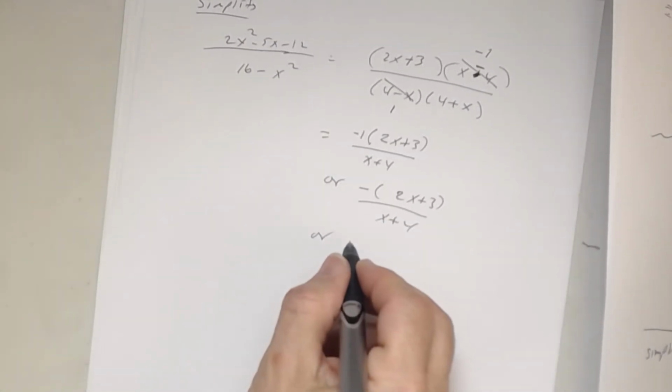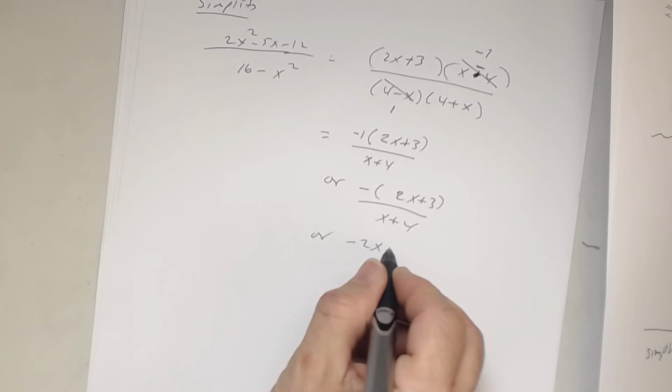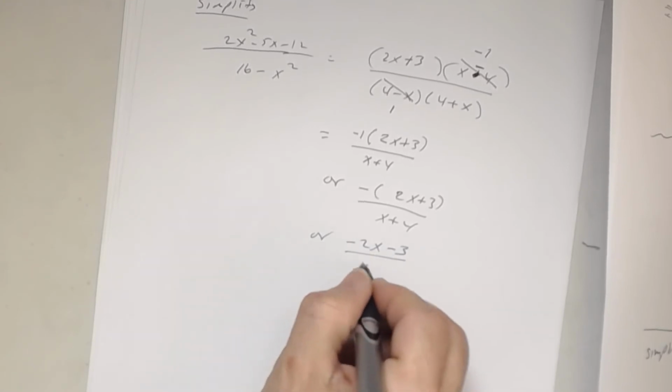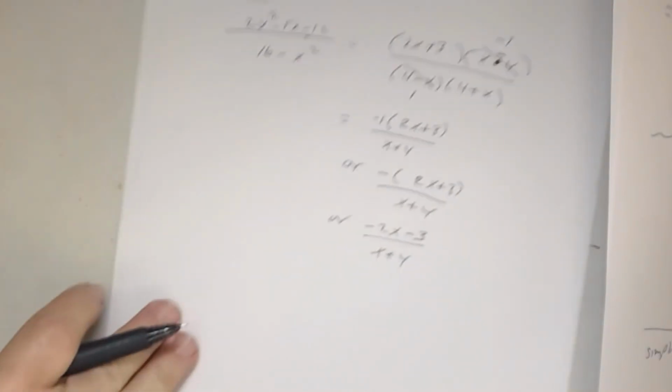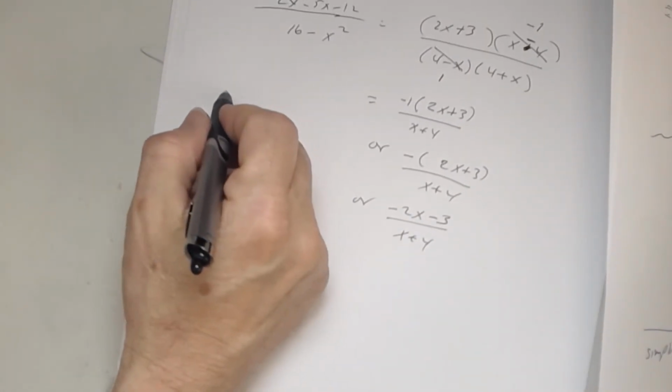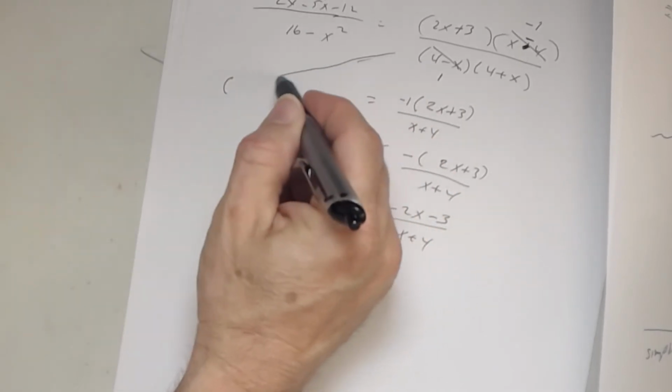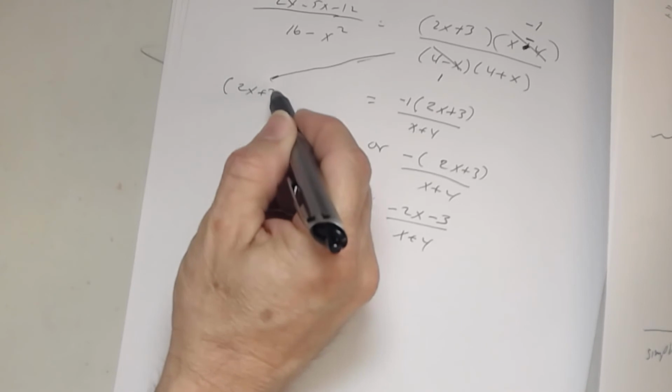So I could have said the answer is negative 2x what? Minus 3 over x plus 4. Okay? Could have done that. I could have put the negative 1 in the denominator if I wanted to. So in other words, when I had this right here, make sure you see all the different possibilities.